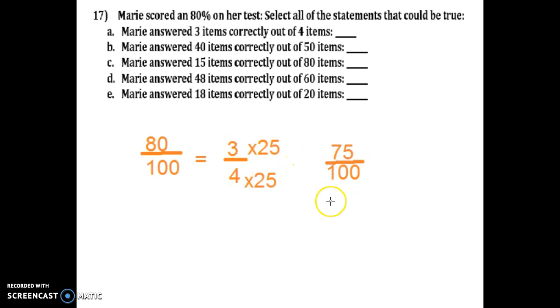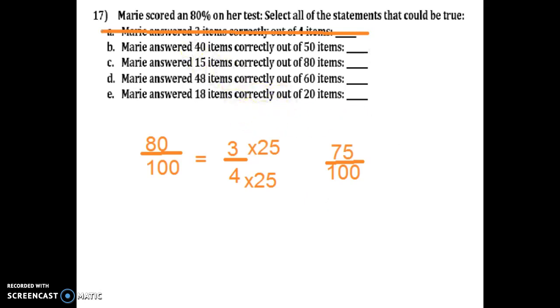I turned this into an equivalent fraction because now my denominator is the same, 100. Is 75 the same as 80? It is not. So select all of it. I would probably just cross this one off, or you can write an X and then put check marks for the ones that you think are right. That could be confusing though. Let's get rid of this one. Nope. That one doesn't work.